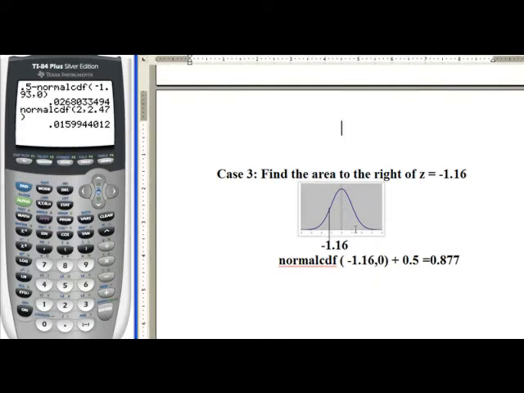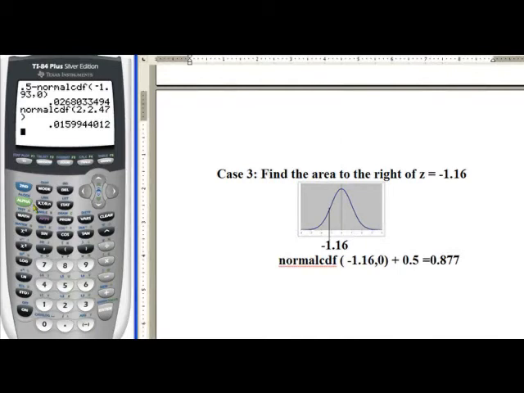And this area happens to be half of 1, which is 0.5. So what I will do is integrate from negative 1.16 to 0 right here, calculate this area, plus add this whole area to the right of the bell-shaped curve.